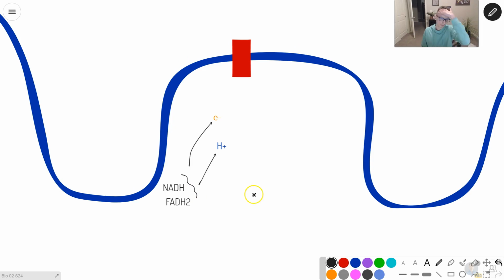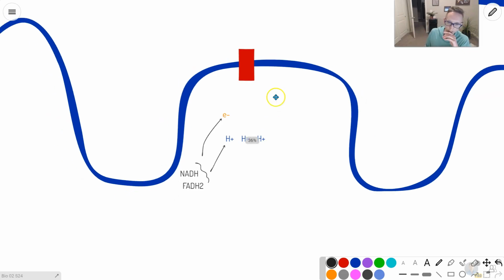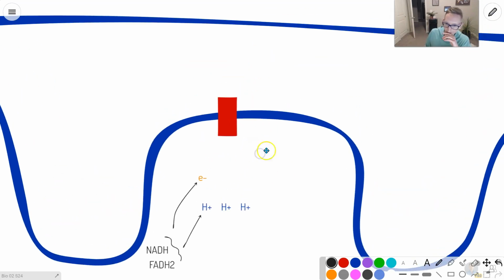Okay, so they're coming off. Boom. We get electrons, we get protons. Let's just draw a couple of these. We'll just draw 1 electron, and we'll draw a couple protons coming off. We'll draw 3. All right. What we do is, guess what this boy runs on?